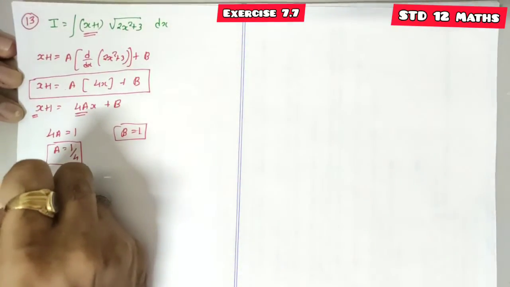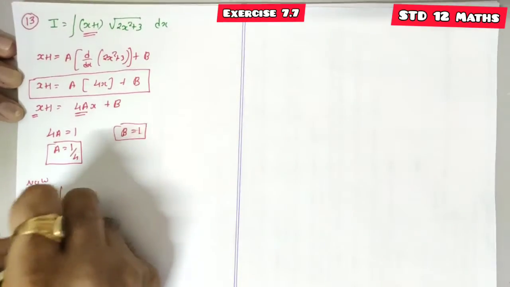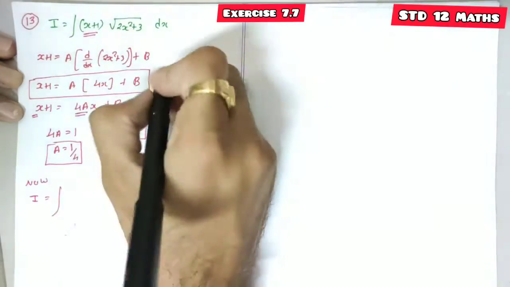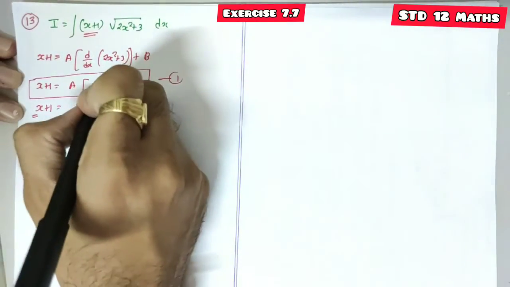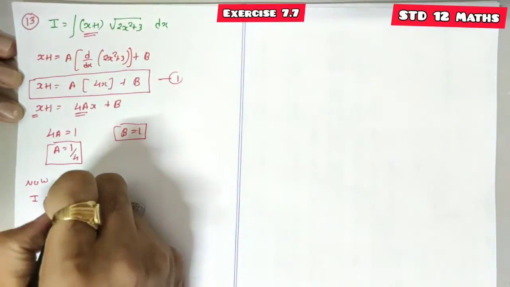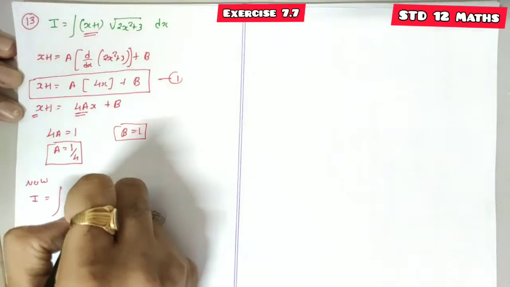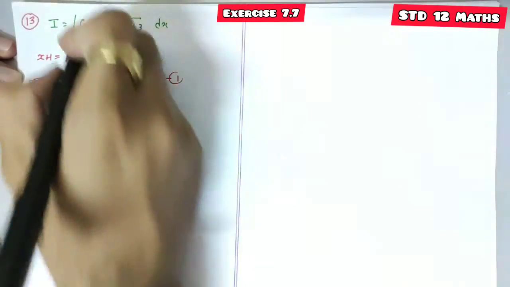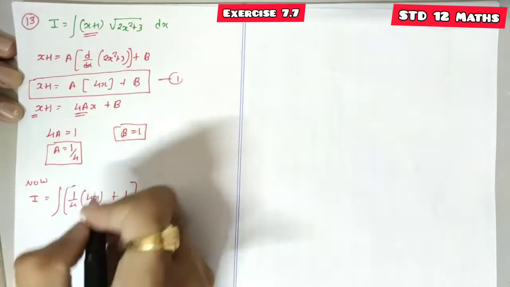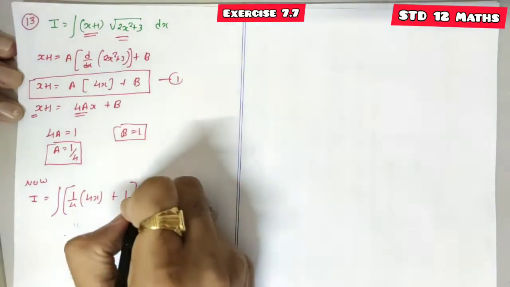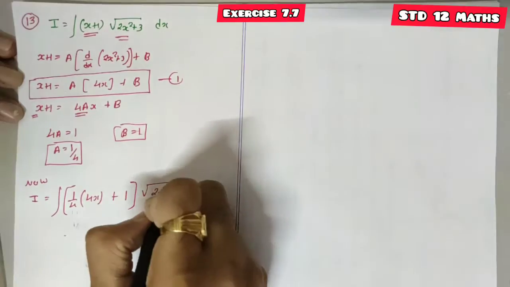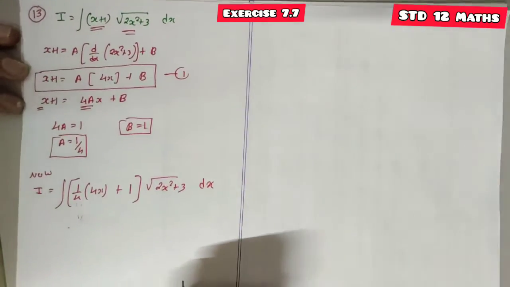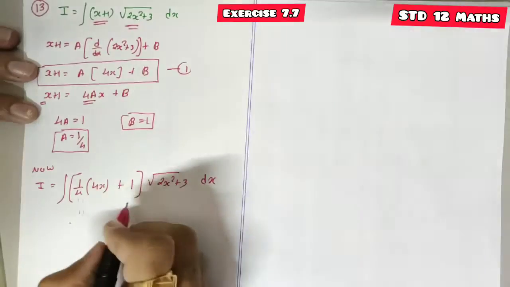So now our integration I is x plus 1, and x plus 1 is replaced with this result: a into (4x plus b). Our a is 1 by 4, and 4x plus b is 4x plus 1, into the square root of 2x square plus 3, and its integration dx. Clear? Now separate this integration.